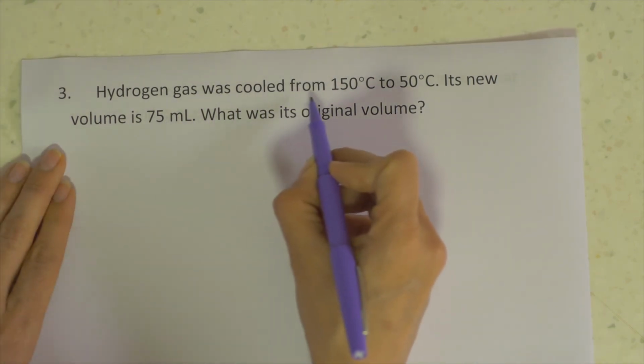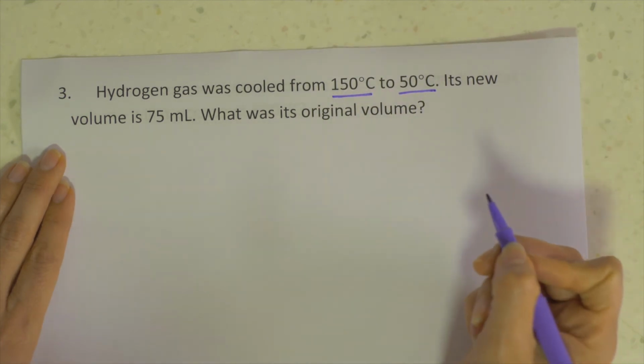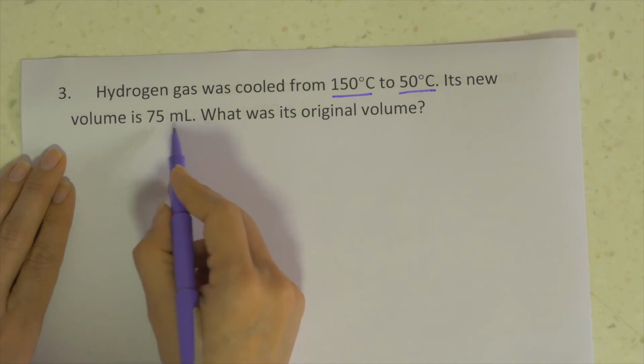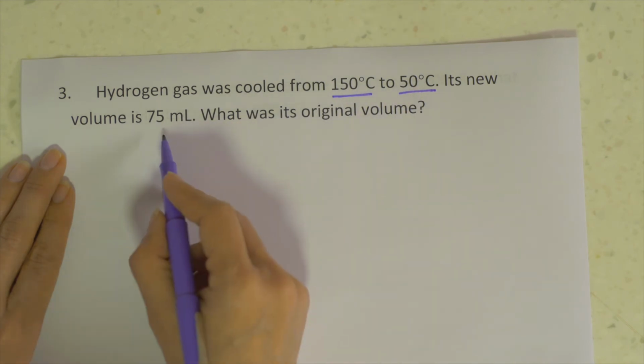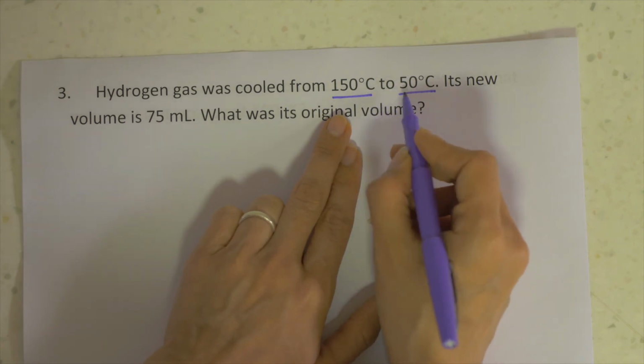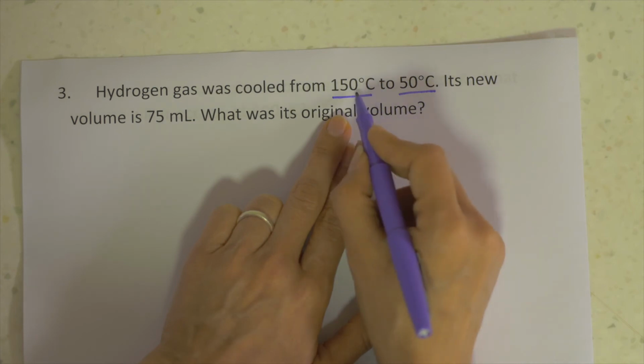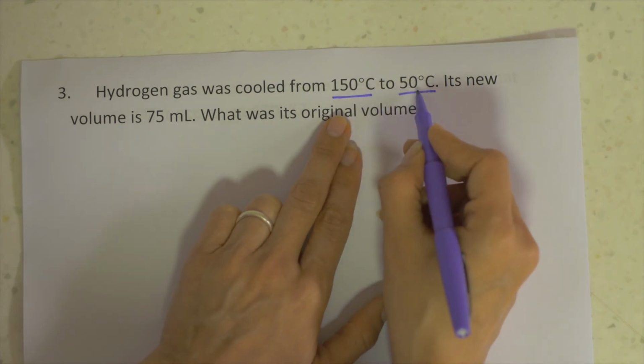One more, and then you can work some of these problems on your own on today's quiz. Hydrogen gas was cooled from, now they're giving me two temperatures right together. So we're going to have to figure out which of those temperatures this volume belongs to. Let's first convert these to Kelvin, and then identify one as T1 and the other as T2, this being T1 since it's going from this temperature to this.